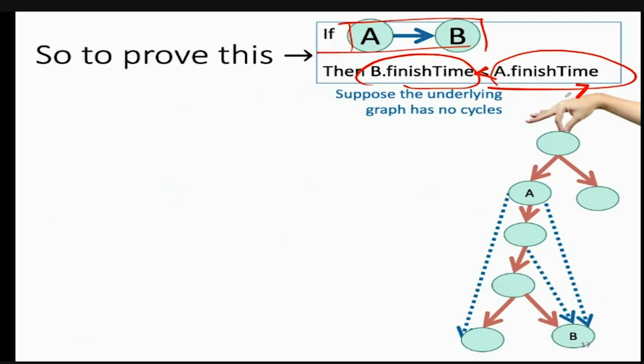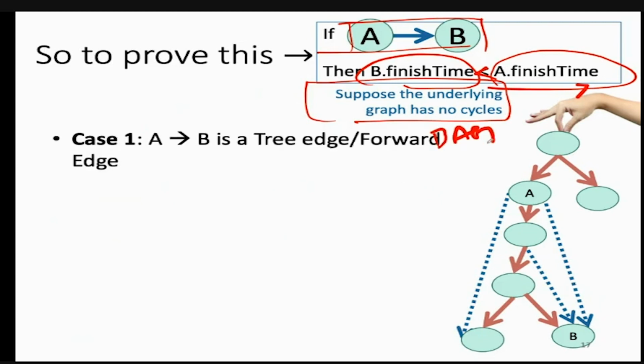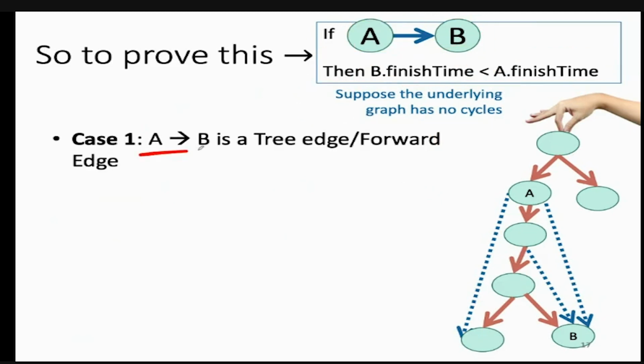So suppose, again, this graph cannot have any cycles. Okay? As we mentioned before, we are working on a DAG. So case 1 is that this edge is either a tree edge or a forward edge. What do we mean by this? These red edges are tree edges, and these blue dotted ones are forward edges.